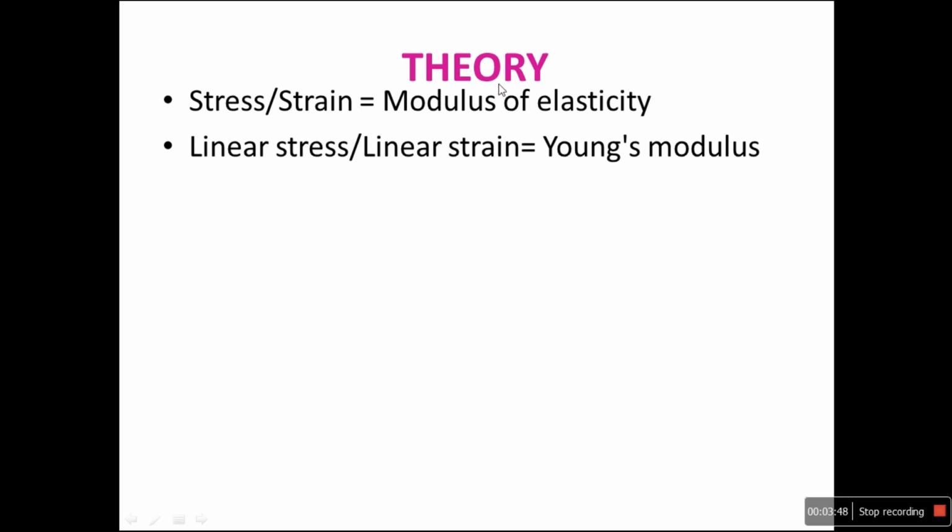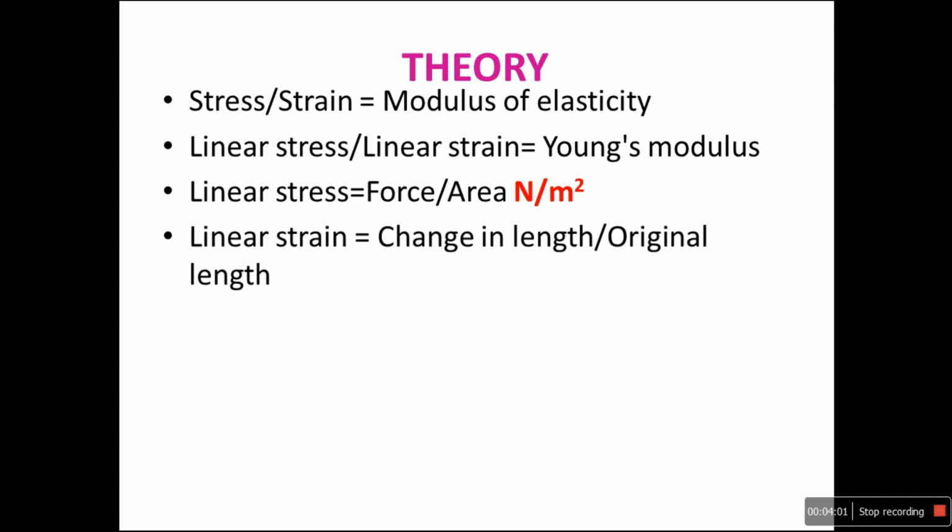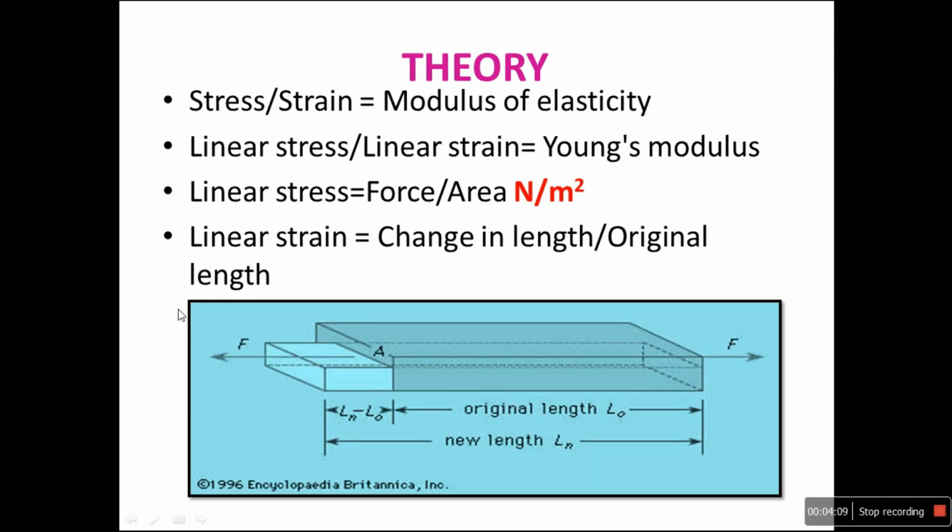In Young's modulus, changes happen lengthwise only, so we use linear stress and linear strain here. And how do we calculate linear stress? It is nothing but force by area, and linear strain is the change in length divided by the original length. By seeing this diagram, you can easily understand how much the length increases.